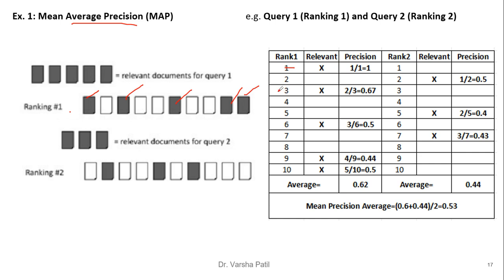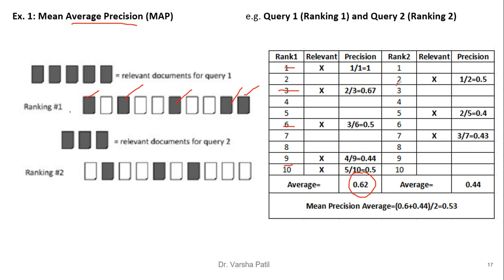So 1 document retrieved, 3 documents retrieved, 6 retrieved, 9 retrieved and 10 retrieved. In this way you calculate the precision at that particular relevant document retrieval, and we take simply the average, and we are not taking the 0 others into consideration.